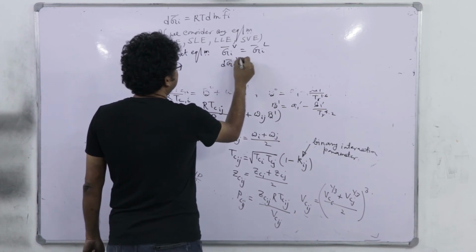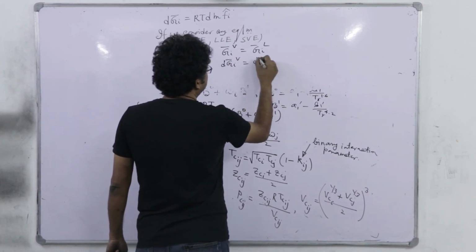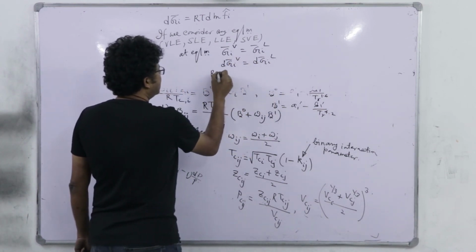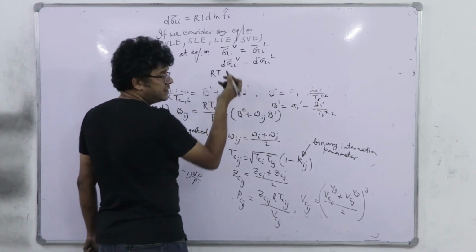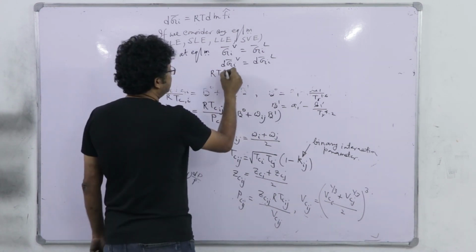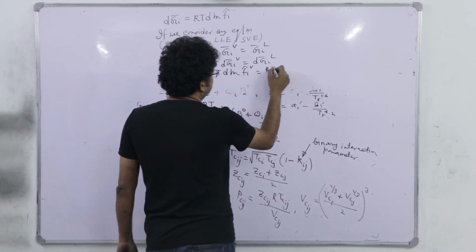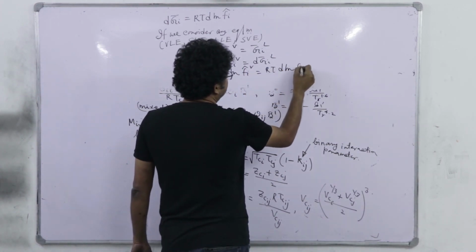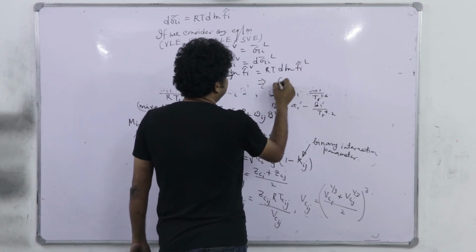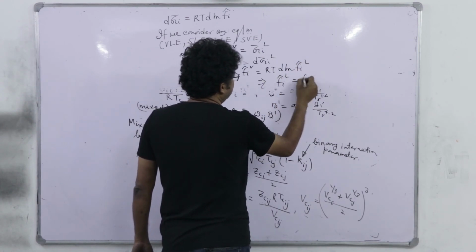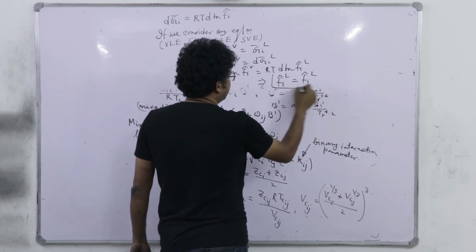So, dg_i bar vapor equals dg_i bar liquid. So, at constant temperature, because the equilibrium must be at constant temperature, RT d ln f_i cap V equals RT d ln f_i cap L. So, obviously, we can conclude that at equilibrium, the fugacities must be same, right.